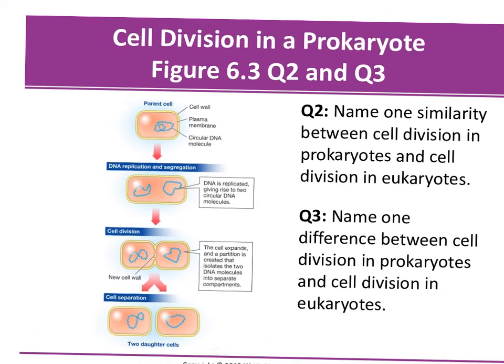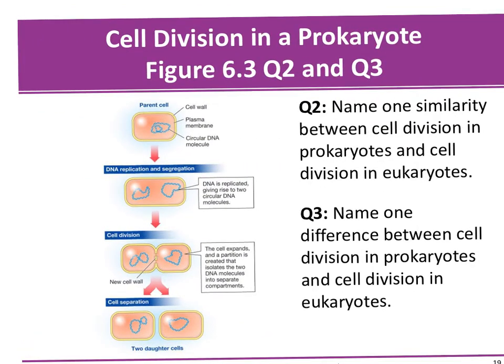Now, remember, prokaryote cell division is different than eukaryotic cell division. But in both cases, you undergo division and you end up with daughter cells. In prokaryotes, namely bacteria and archaea, you end up with clones or identical daughter cells.